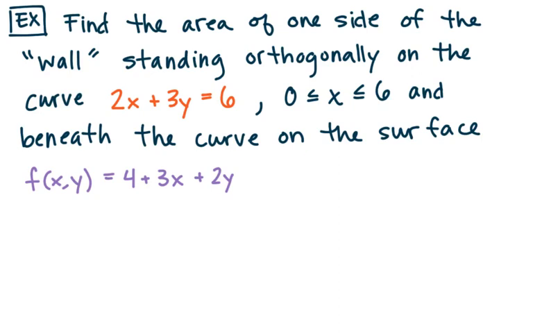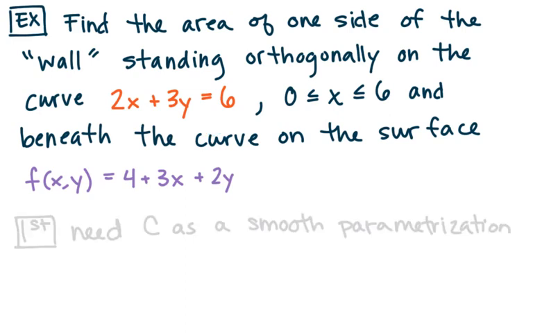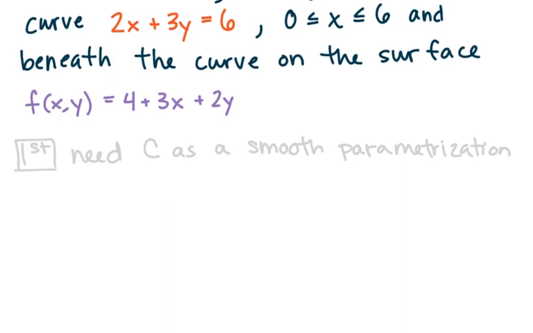Well, the first thing we need is this curve as a smooth parametrization. So let's think about how to parametrize 2x plus 3y equals 6. Well, we can say if x equals t, then what is my y value going to equal?